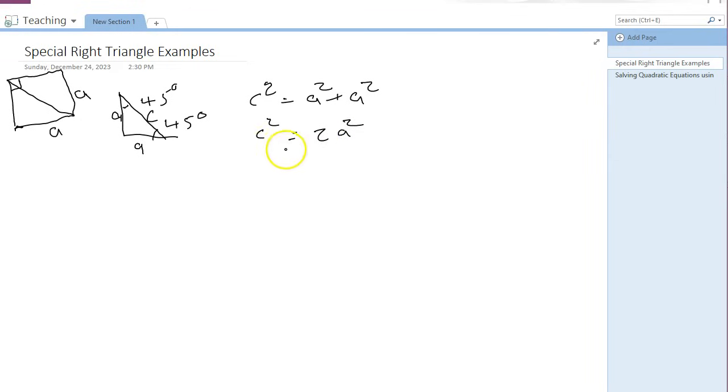So taking the square root of both sides, we have C equal to square root of 2 times A. So C equals A square root 2.